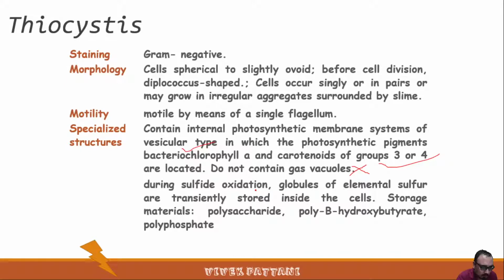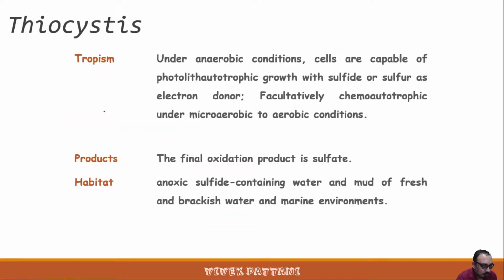During sulfide oxidation, globules of elemental sulfur are stored inside the cell, along with storage of polysaccharide, poly-beta-hydroxybutyrate as well as polyphosphates. Under anaerobic conditions, cells are capable of photolithoautotrophic growth with sulfide or sulfur as electron donor. They are facultatively chemoautotrophic under microaerobic to aerobic conditions.